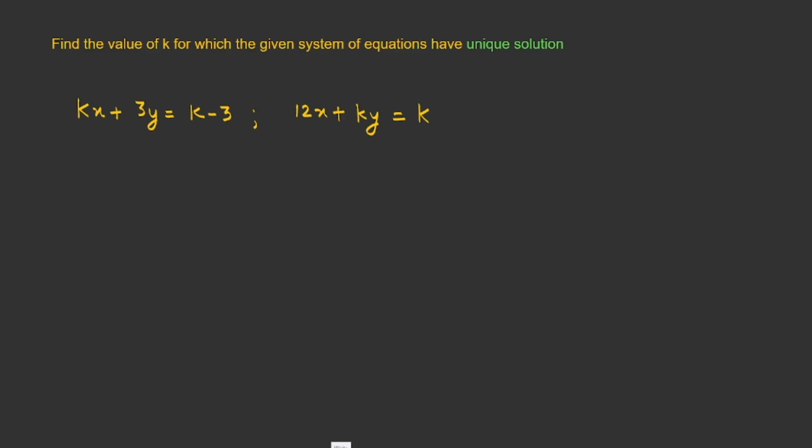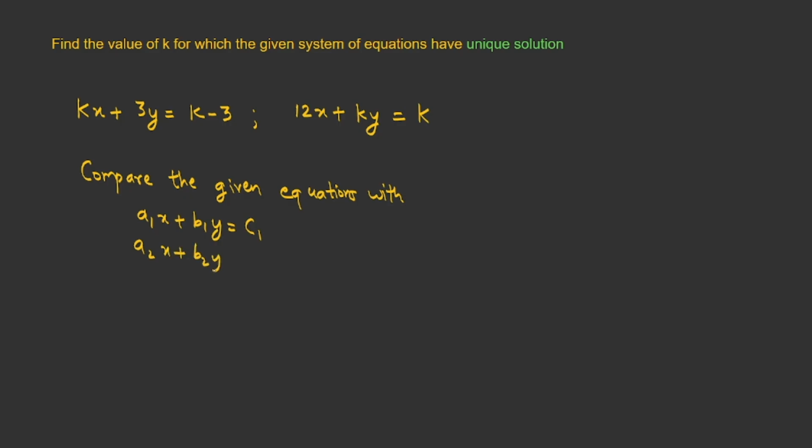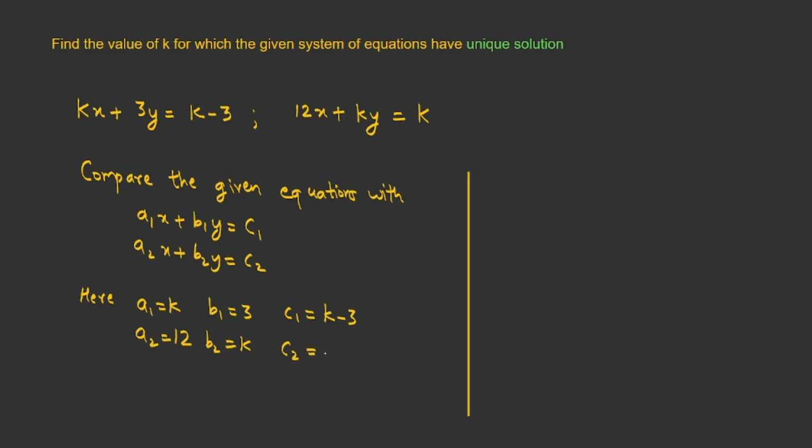So first of all, what you will do, you will compare the given equations with a1x plus b1y is equals to c1, a2x plus b2y is equals to c2. सो आपको क्या मिल जाएगा, a1 की वैल्यू मिलेगी k, b1 की वैल्यू मिलेगी 3, c1 की वैल्यू मिलेगी k माइनस 3, a2 की वैल्यू मिलेगी 12, b2 की वैल्यू मिलेगी k और c2 की वैल्यू मिलेगी k.